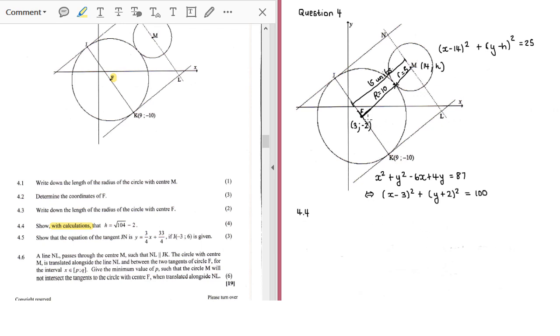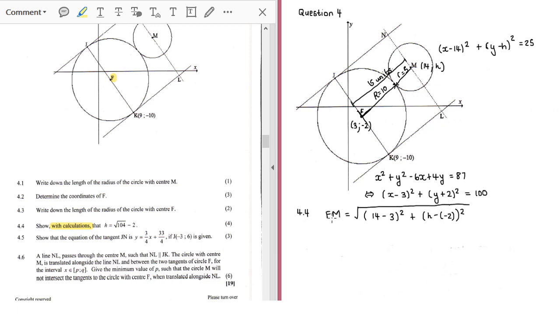So what we can do is set up the equation: the distance FM is equal to the square root of the difference in the x values squared, plus the difference in the y values squared. Let's start at M. The x value is 14 minus the x value at F, which is 3, squared, plus the y value h minus the y value at F, which is negative 2, and that whole thing squared.